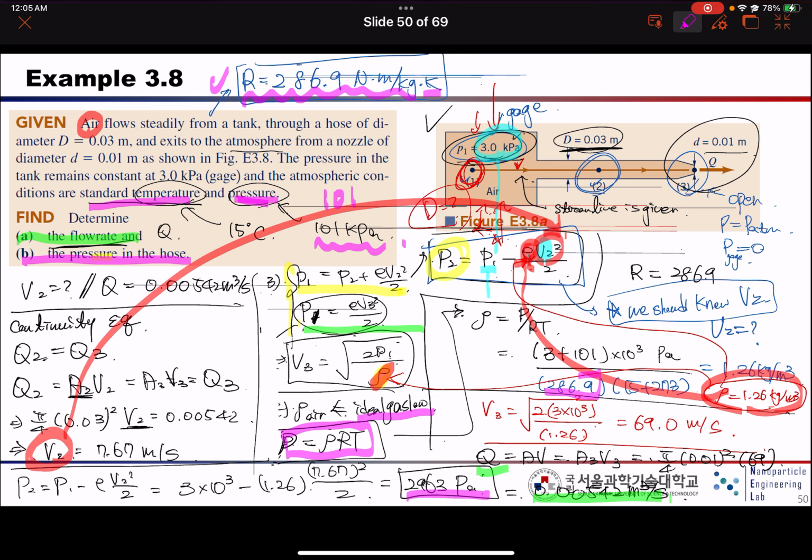The actual value is 101,325 Pascal, but in this example we just assume 101 kilopascal. And for the temperature, we put 15 degrees Celsius. The other thing is that we just use the Bernoulli equation and the continuity equation. The Bernoulli equation we already know, and the continuity equation is Q equals Q, AV equals AV, right? So this one is quite easy, right?